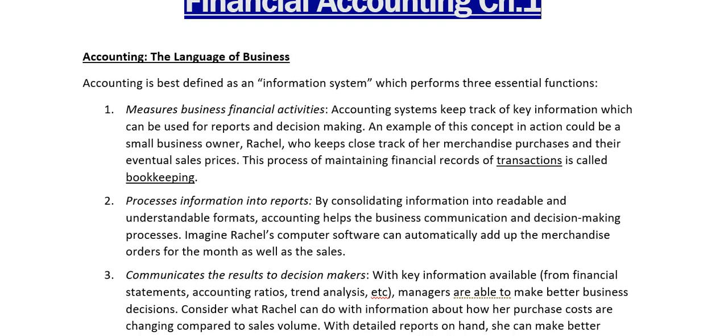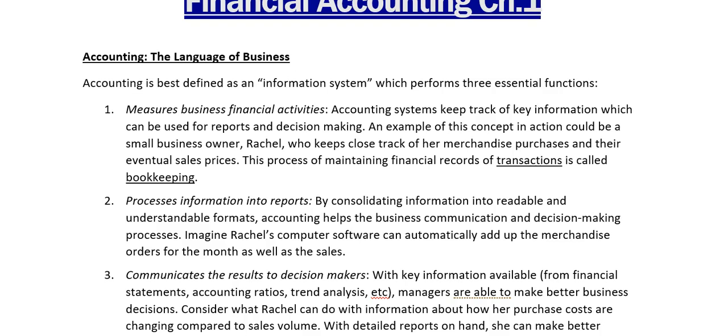What is accounting? Accounting is best defined as the language of business. It's an information system which performs three essential functions. One, it measures business financial activity. So accounting systems help us keep track of key information which can be used for reports and decision making.